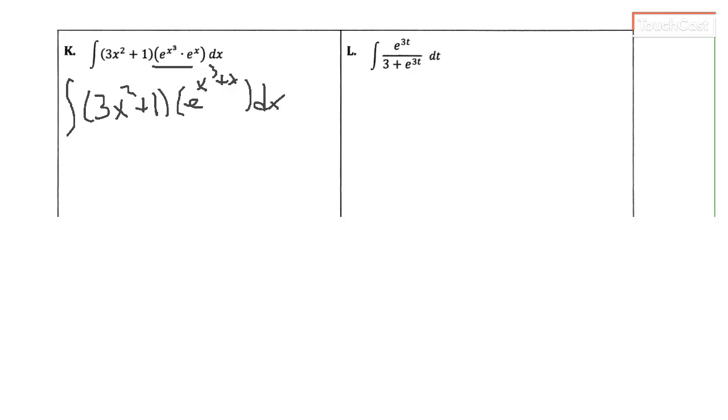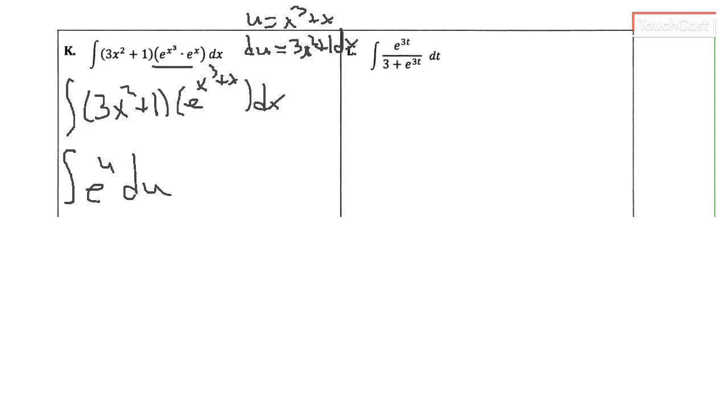Now I'm going to say that u is going to be that power on e, x cubed plus x. So when I find the derivative of u, I'm going to have 3x squared plus 1 with respect to x, and I've got a 3x squared plus 1. So I can rewrite this now as the integral of e to the u du.